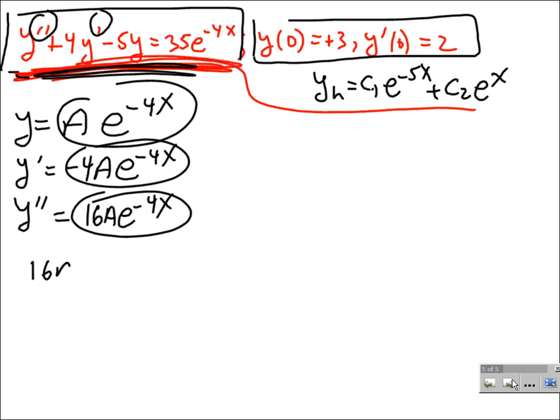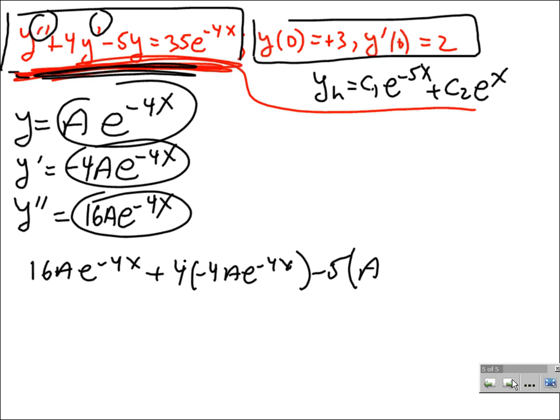So y double prime plus 4 times y prime minus 5 times y. This is supposed to equal 35e to the negative 4x. So I'll just clean this up a little bit.